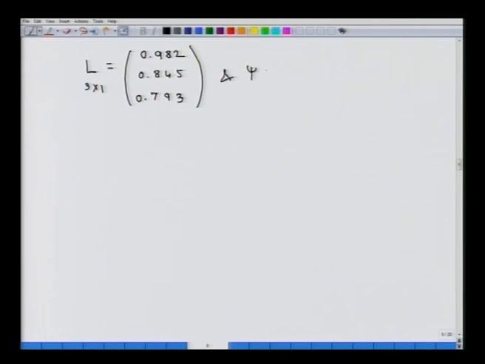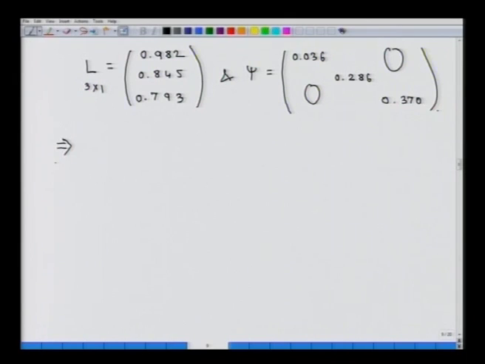And this psi is that matrix of specific variances which gives us these values. This is the first entry, 0.036, this is 0.286, and this is 0.370, the rest are null entries. This is thus the solution.